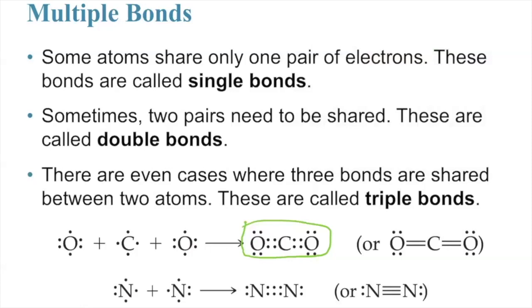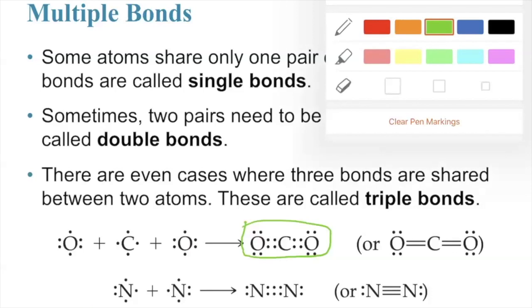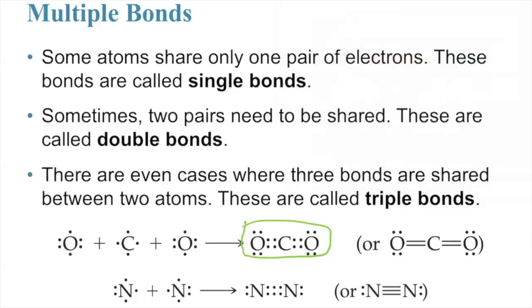So what we do instead is we share these electrons, and then we share 1 electron of oxygen with that. I kind of cheated in a way, so let me redo this, sorry.